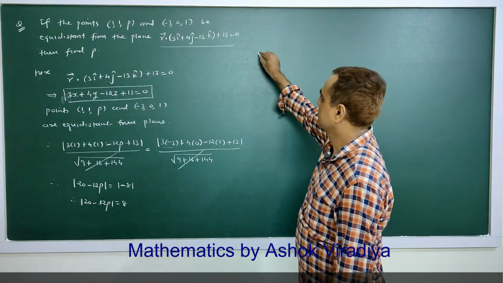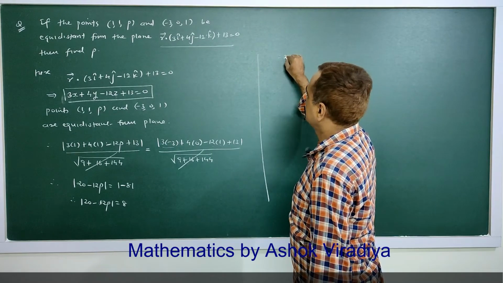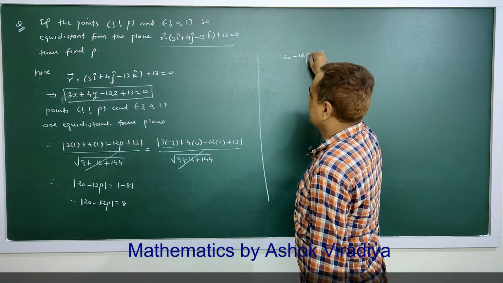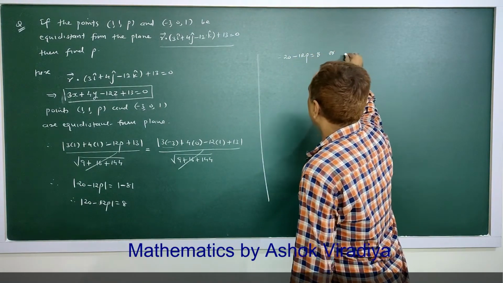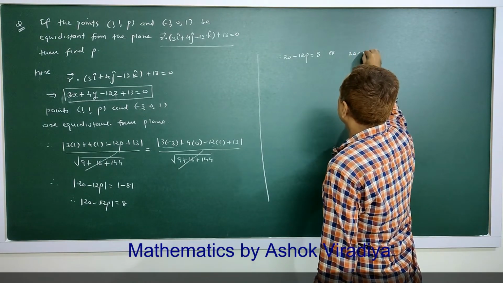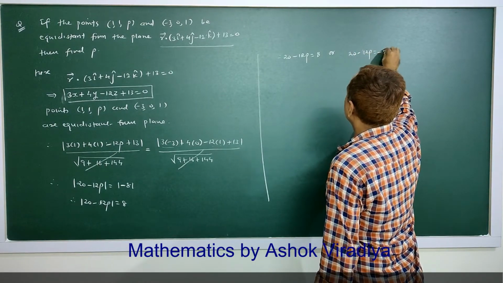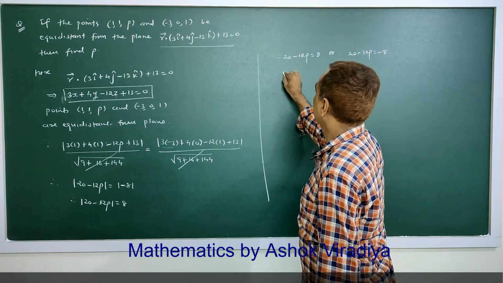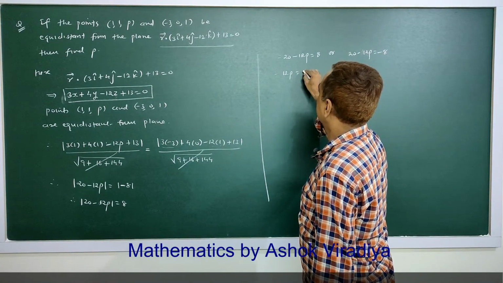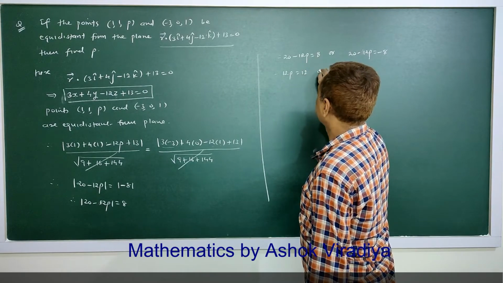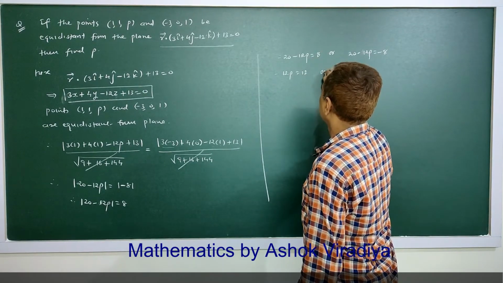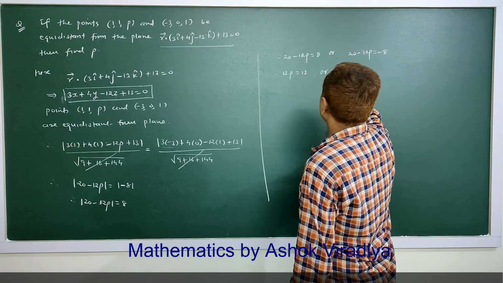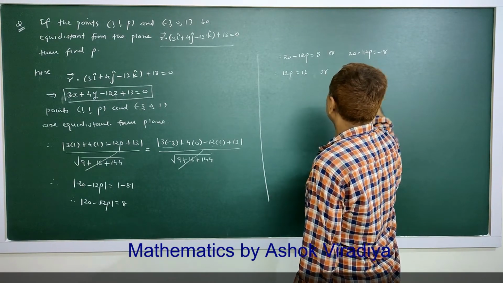Therefore, 20 minus 12p is plus 8 or 20 minus 12p is minus 8. Therefore, 12p is 20 minus 8, 12, or 12p is 20 plus 8.